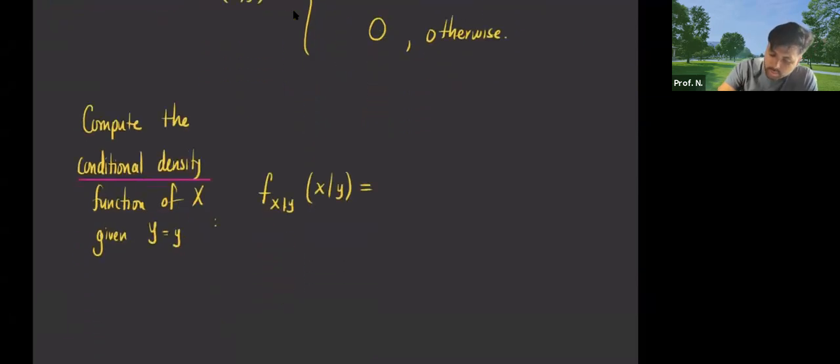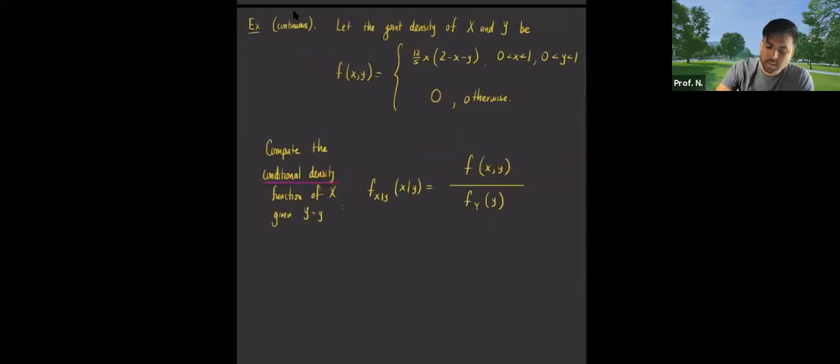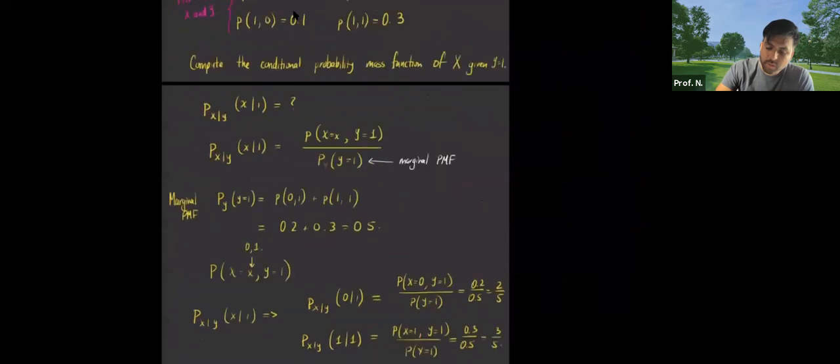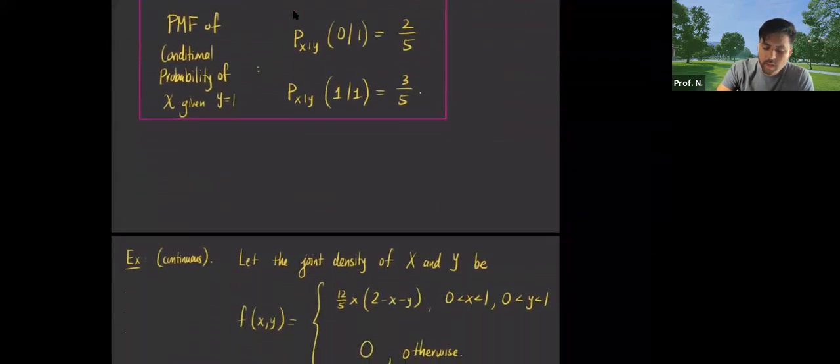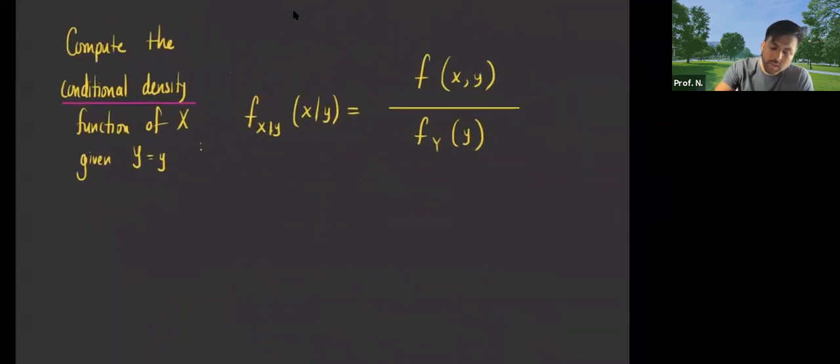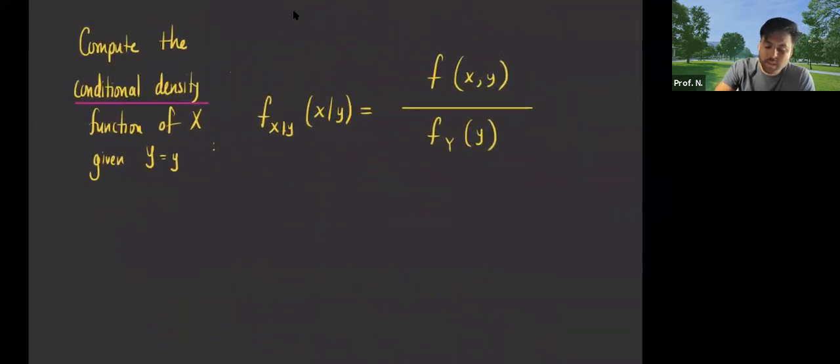This formula is found if you find the joint PDF of x and y, and you divide it by the marginal of y. Do you see how this is reminiscent of the PMF version? It's identical. It's just that the case we had before was discrete, so we were dealing with summations.